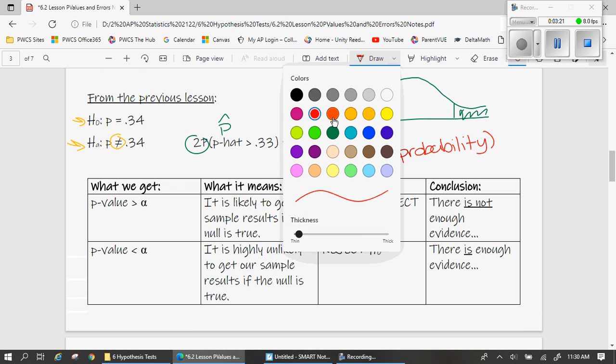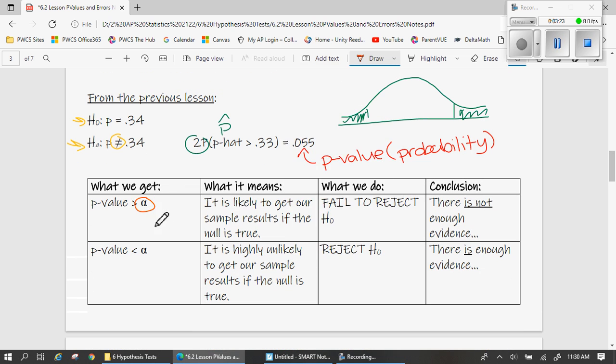And so in here we have this Greek letter alpha. Some people call it fishy. It looks like a backwards fishy. That is called a significance level. We want to set our significance level before we conduct a hypothesis test.